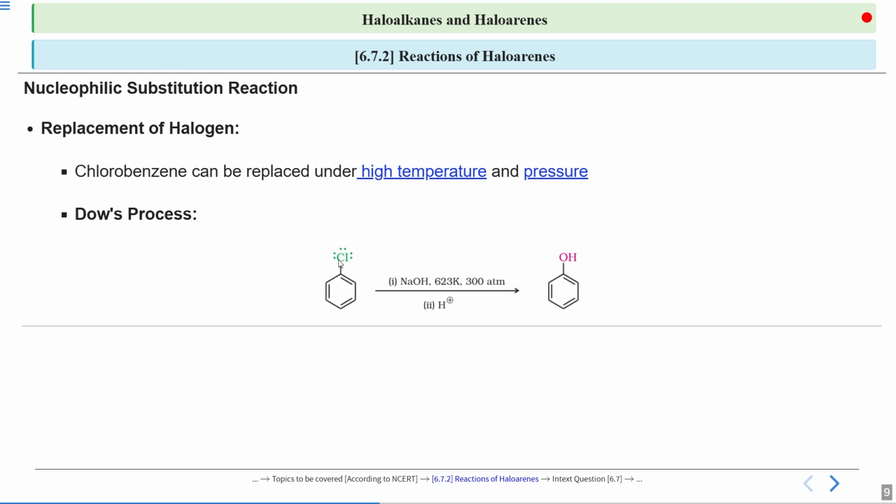This chlorine will be removed under the very high temperature and pressure conditions. After the reaction with sodium hydroxide and the proton, you will get your final product as phenol. This process of conversion of chlorobenzene under these special conditions into phenol is known as the Dow process.